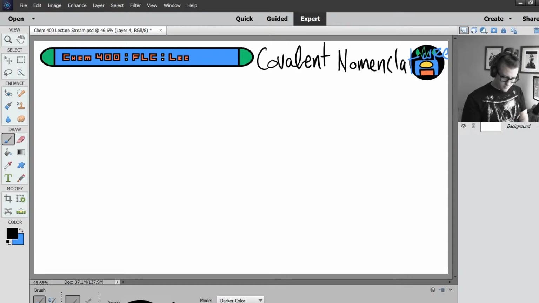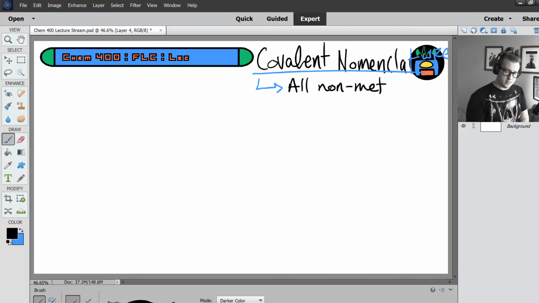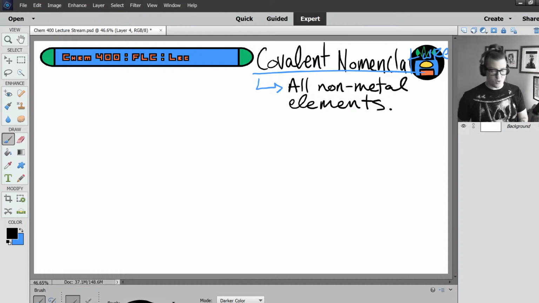Now, a little bit of a definition. Covalent compounds have all non-metal elements.